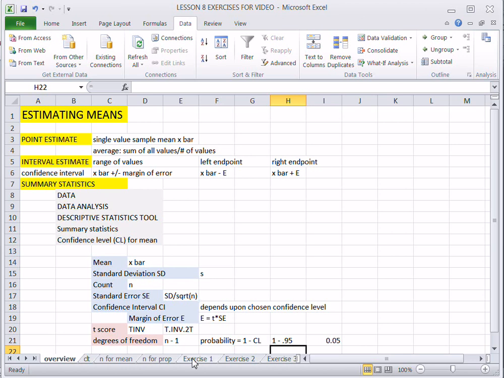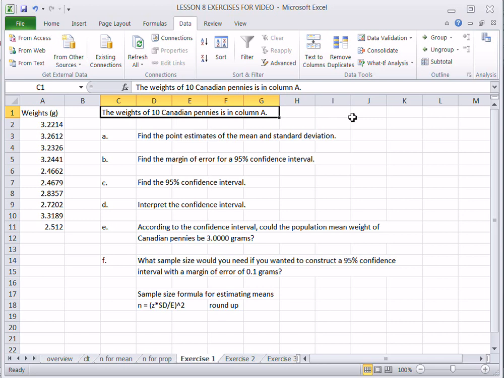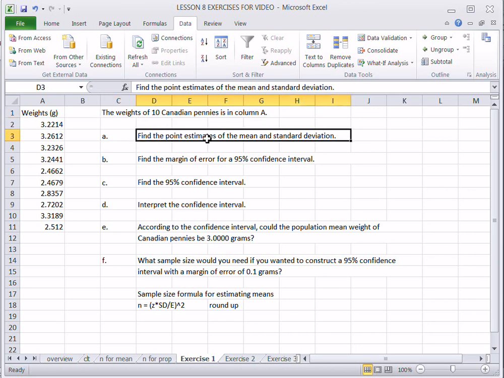Let's quickly run through one of these problems so we can see how this works with actual data. Here in example 1, we have the weights in grams of 10 Canadian pennies. What we want to first do is find the point estimates of the mean and the standard deviation.